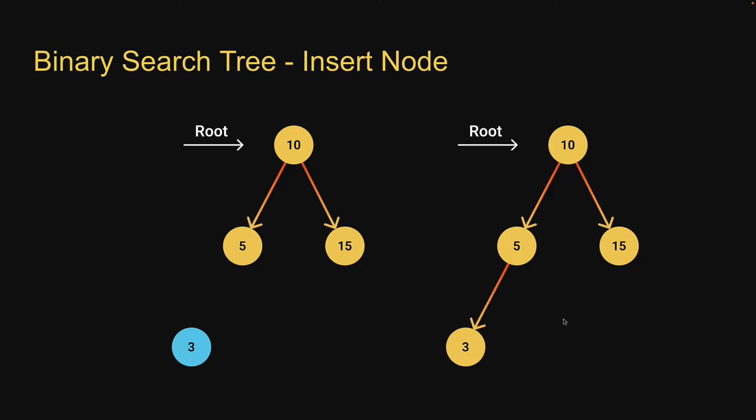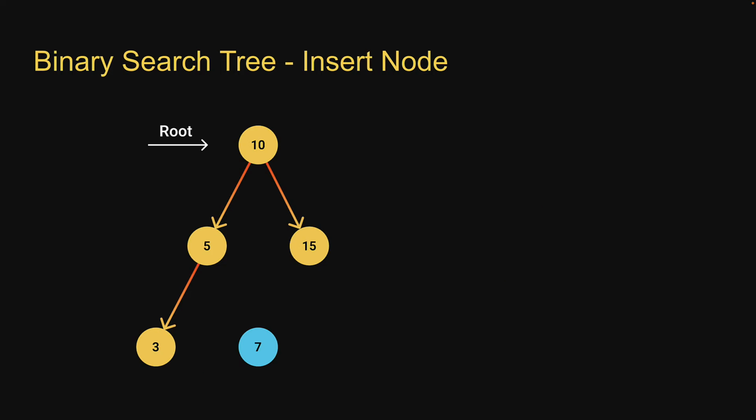Let's repeat this for one more node to make sure we understand the process. Let's say we need to insert a new node with a value of 7. Is 7 less than 10? Yes, it is, so we focus on the left subtree. Is 7 less than 5? No, it is greater, so we focus on the right subtree. Does 5 have a right child?